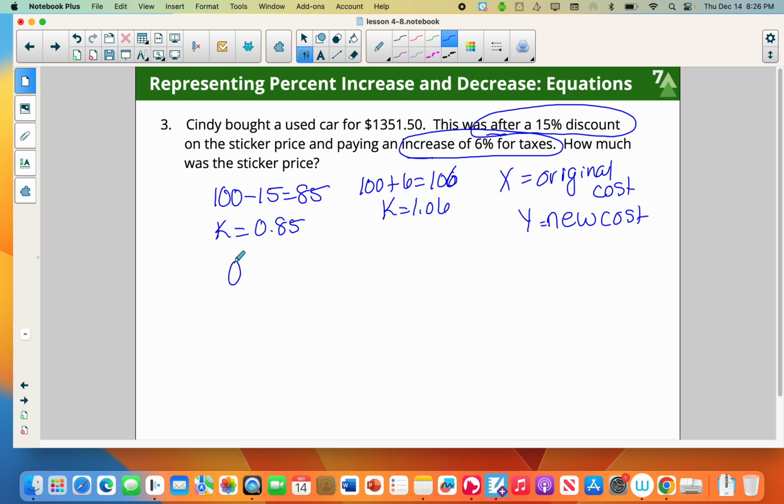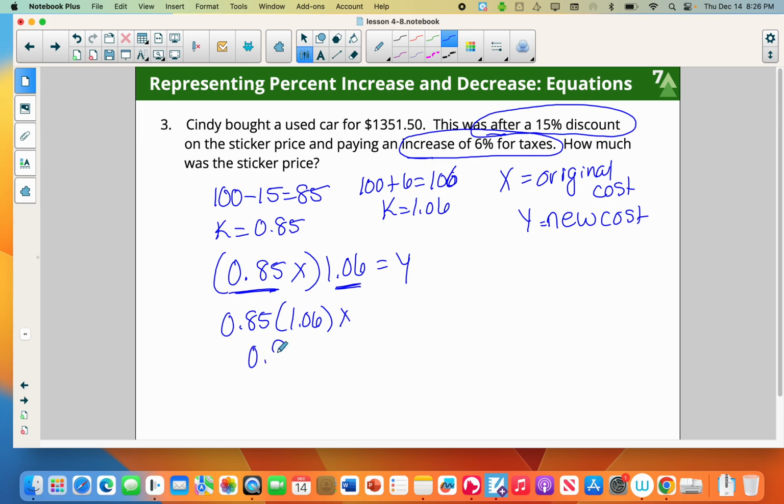So I start and I multiply 0.85 times my original cost, but then I'm going to multiply that by 1.06. So if I do 0.85 times 1.06, because with multiplication it doesn't matter what order we multiply in, we end up with 0.901x equals y.